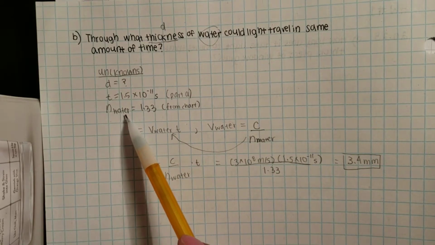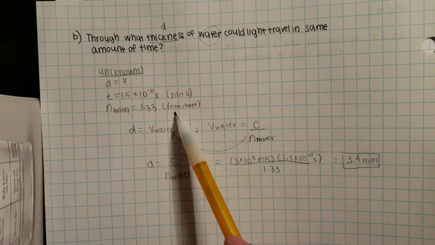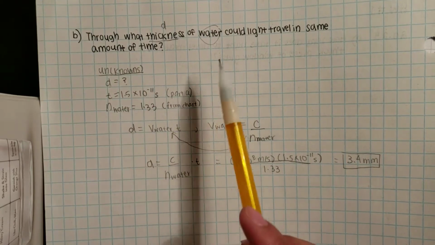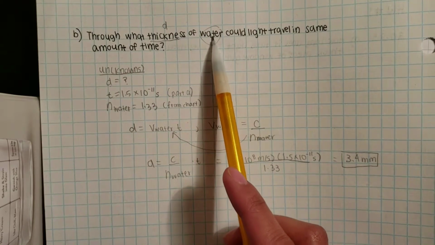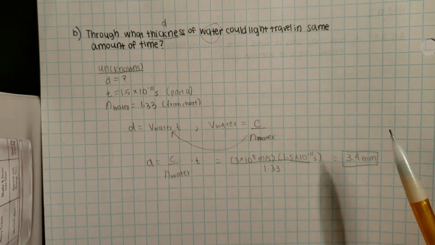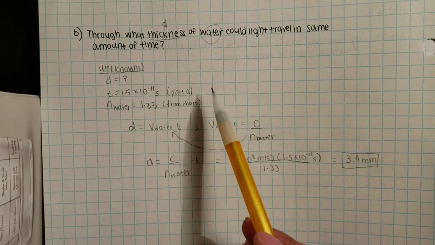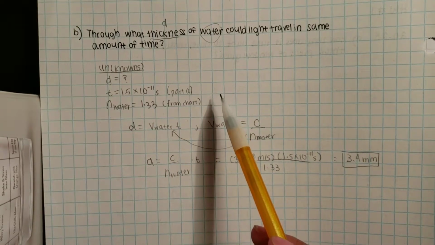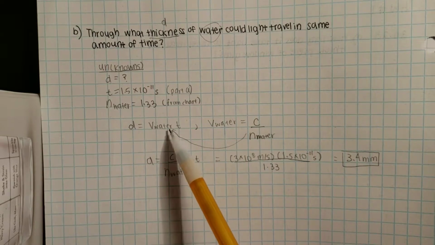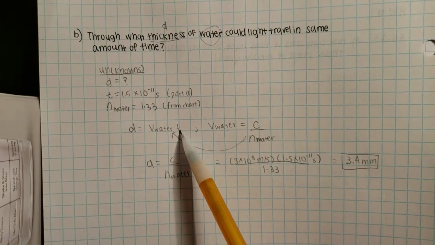And then the index of refraction for water is given to us from the chart, which is 1.33, and we put that in our list of things to know because now our medium has changed. It's no longer glass, it is water. But we realize that this is all similar variables to part A. So our equation of D equals V material times T applies to this too.